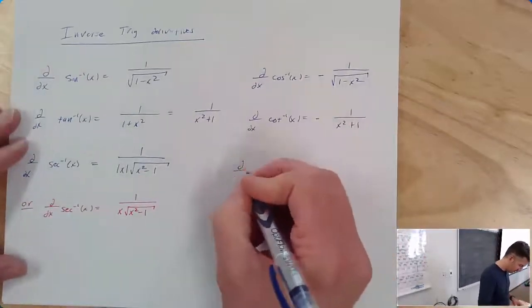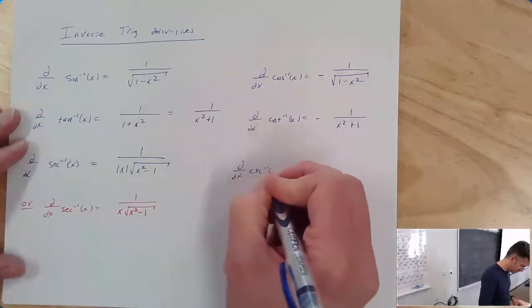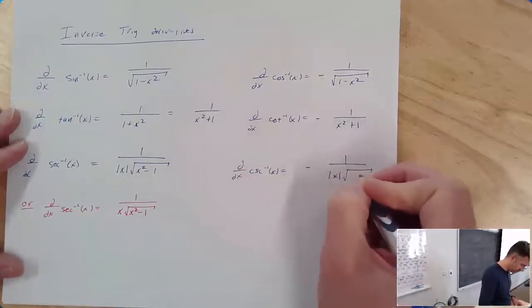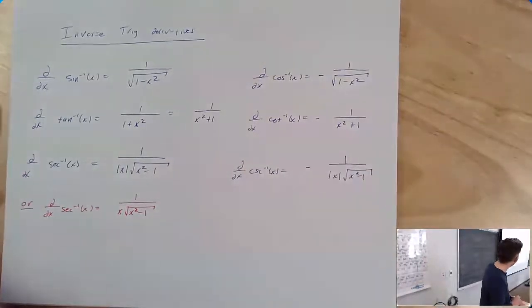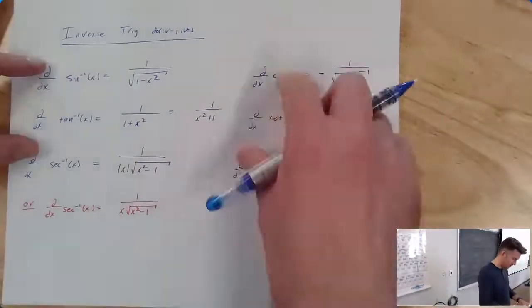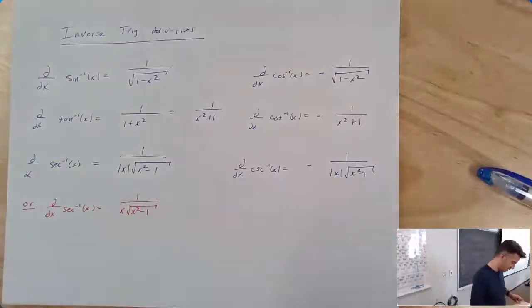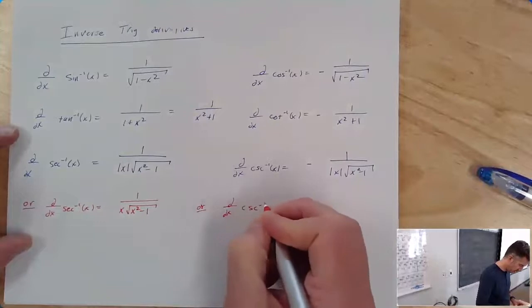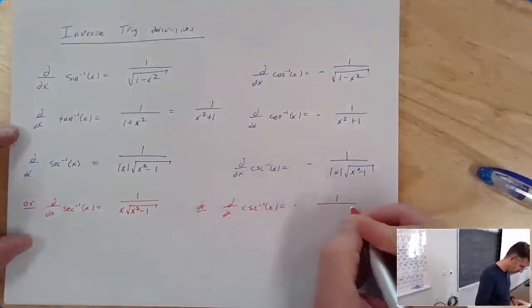And finally, the derivative of the inverse cosecant of x is negative 1 over the absolute value of x, square root of x squared minus 1. So, you know these three, you know these three. And of course, if your teacher has done it the other way, the derivative of the inverse cosecant of x is negative 1 over just x, square root of x squared minus 1.